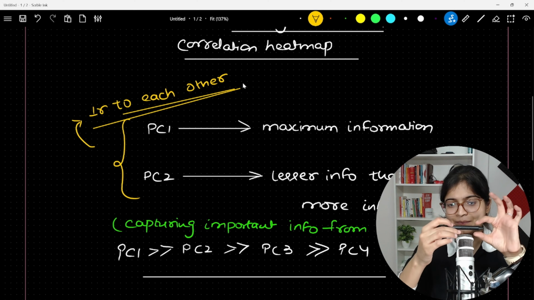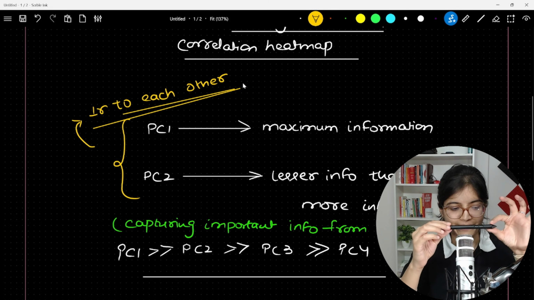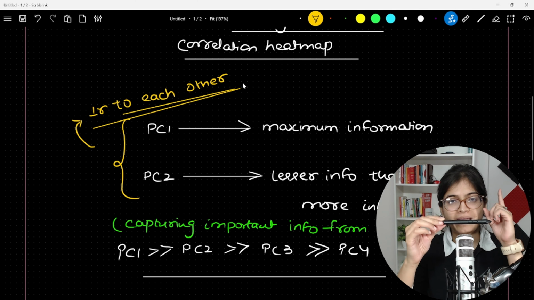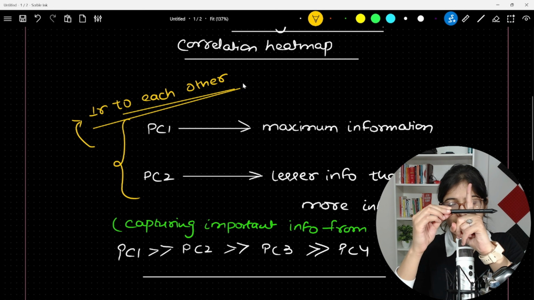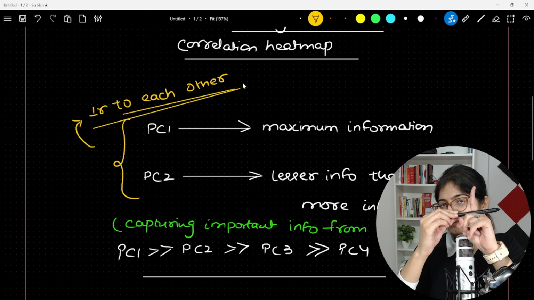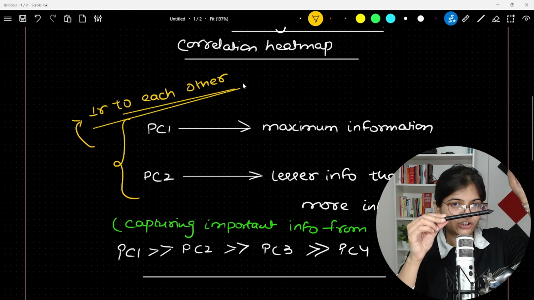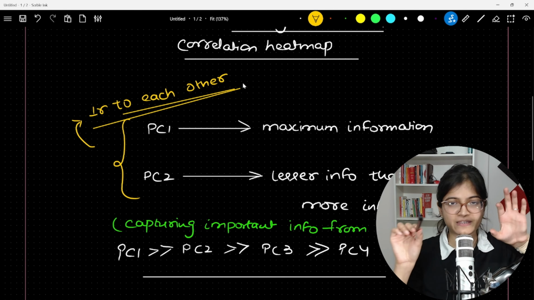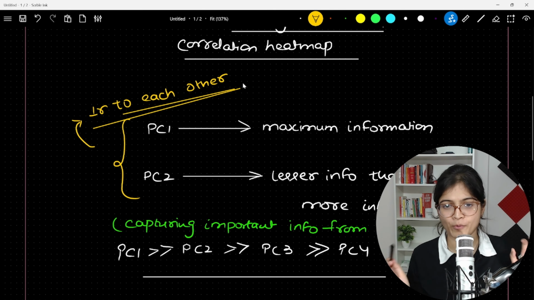For example, if this is my PC1, then my PC2 will be like this, just perpendicular. If I have PC3, it will take a third direction, perpendicular to both PC1 and PC2. I hope you get my point.